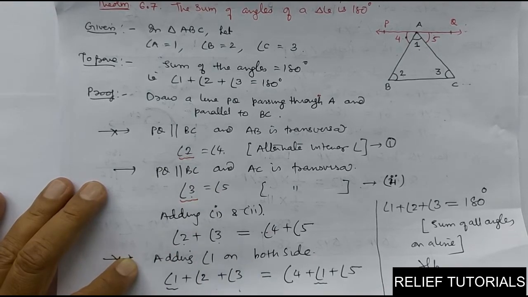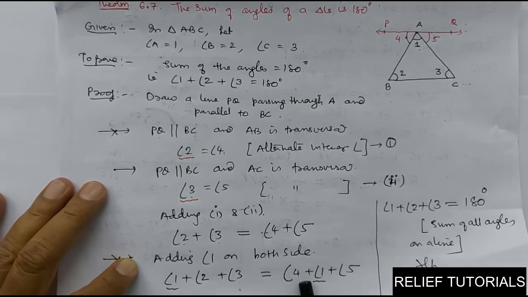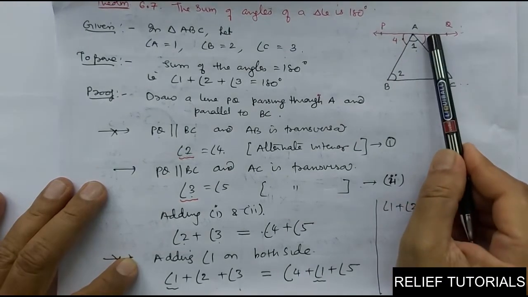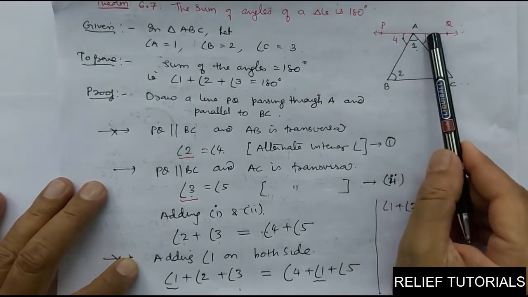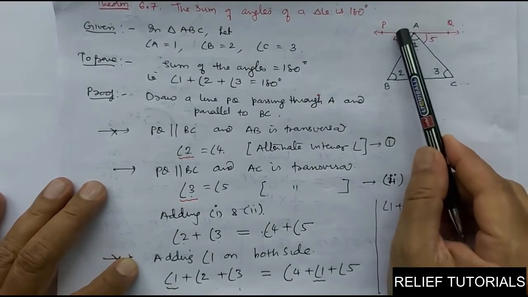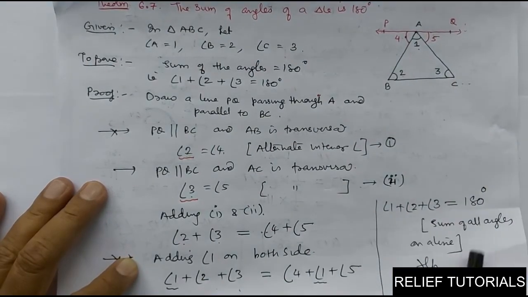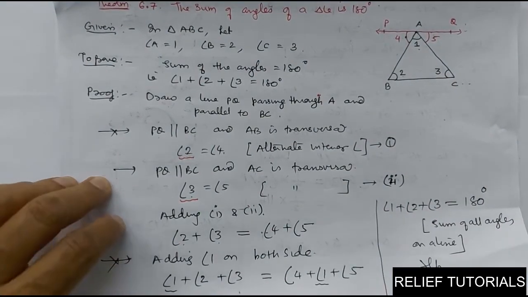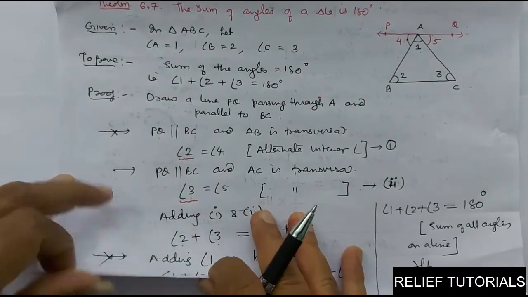Now adding 1 and 2, then add angle 1 on both the sides. So you will get 1 plus 2 plus 3, and here 4 plus 1 plus 5. That is the angles on the same line on the same side at a point. So their total is 180 degree, hence proved. Quite a simple theorem we have.